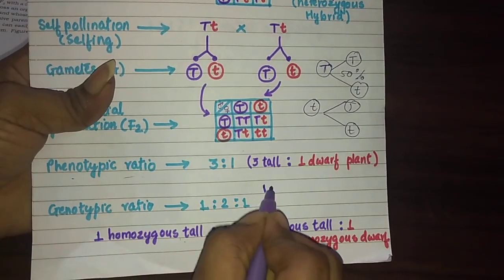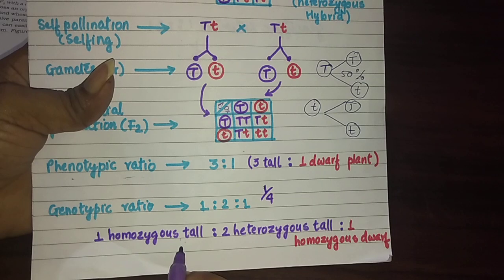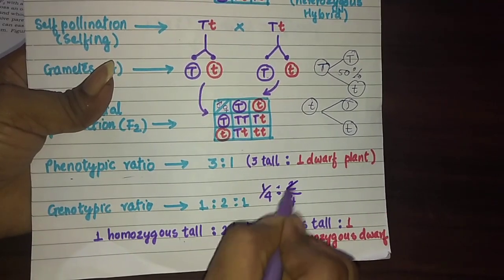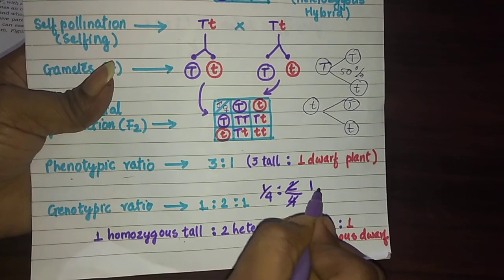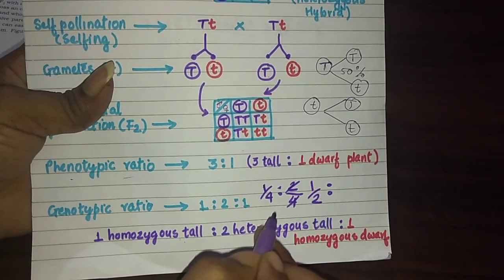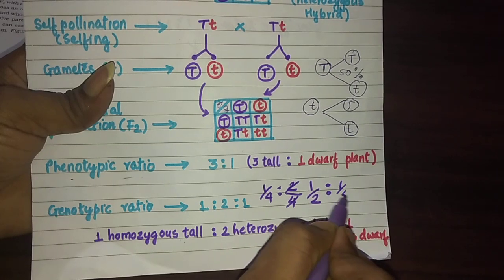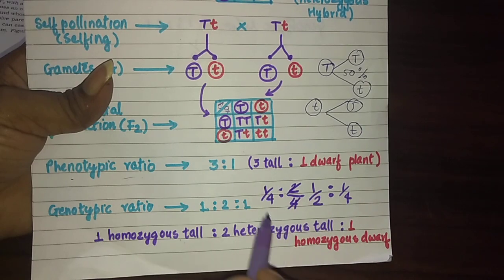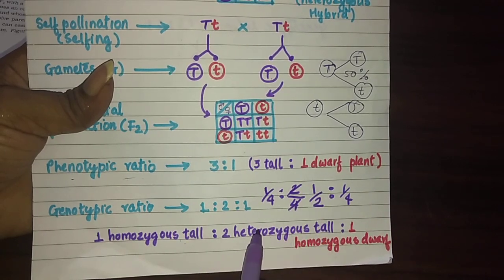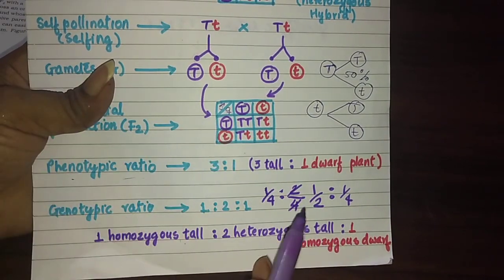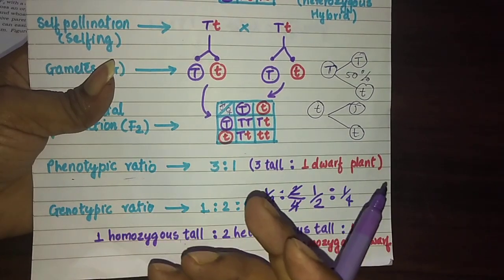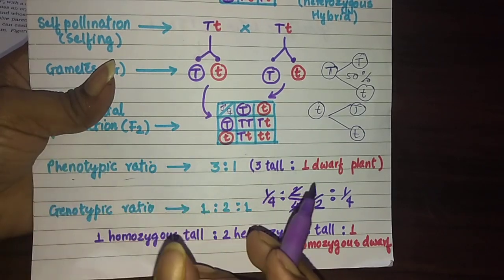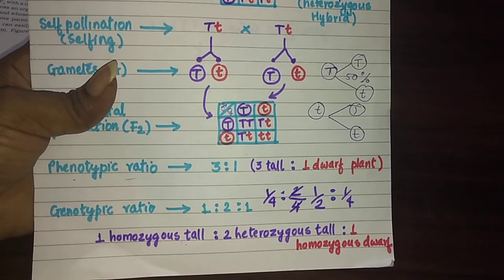So the ratio will be 1/4 for homozygous tall is to 2/4, which could also be written as 1/2, is to 1/4 for the homozygous dwarf plant. So mathematically Mendel explained about the gametes bearing the capital T or small t genes; they have an equal frequency of half.